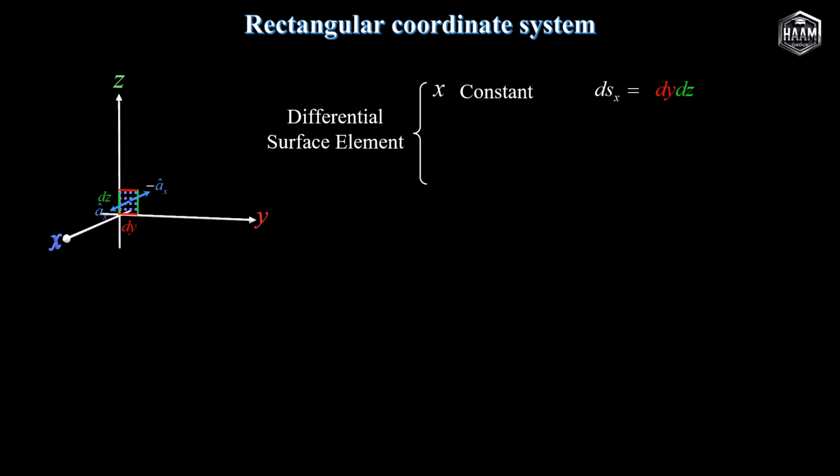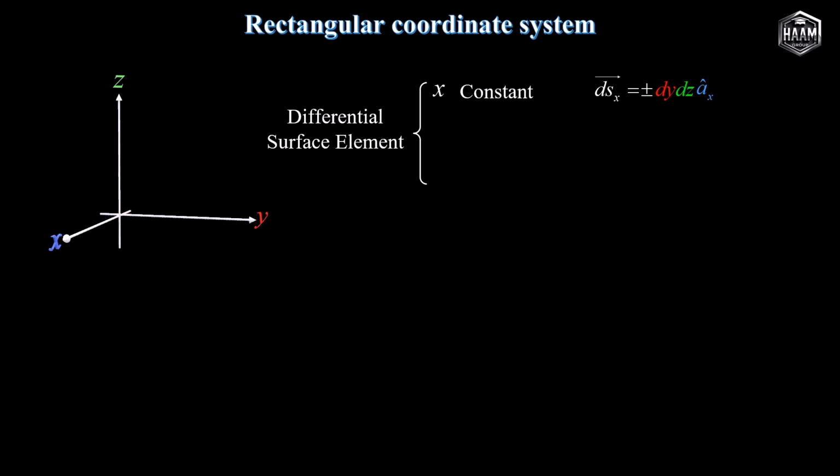Since here we have only a single surface and we have not yet introduced a rule for uniquely specifying the perpendicular vector of a surface, if we consider ds as a vector with a more complete definition including both positive and negative dy dz, then this is written as plus or minus dy dz times a hat sub x, whose magnitude is plus or minus dy dz in the direction along a hat sub x, which is in fact the unit vector perpendicular to the surface.